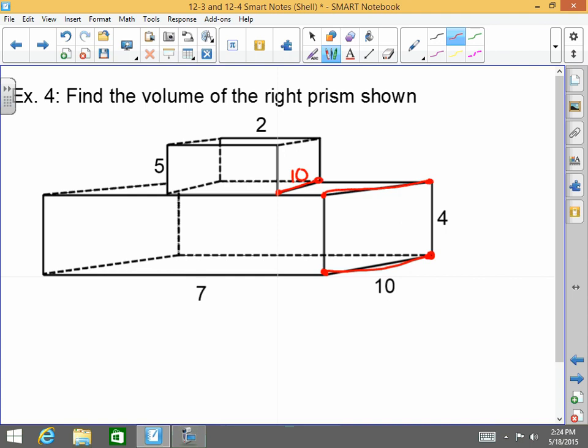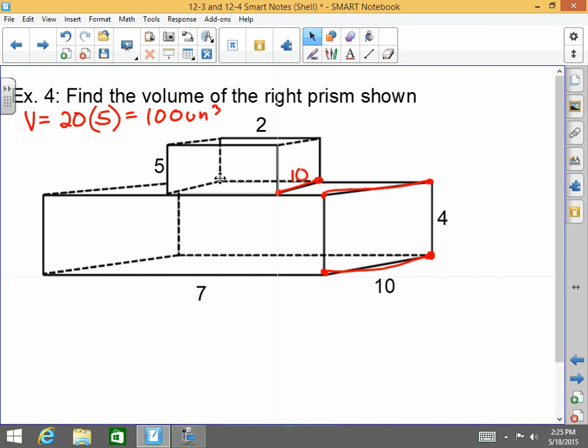So volume of my top prism is base area times height. So my base area here, let's call it 2 times 10, which is 20, times height of 5, which gives me 100 units cubed.